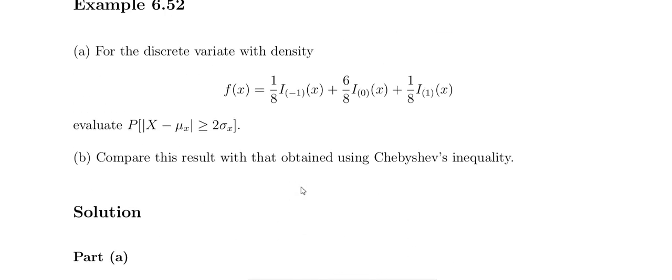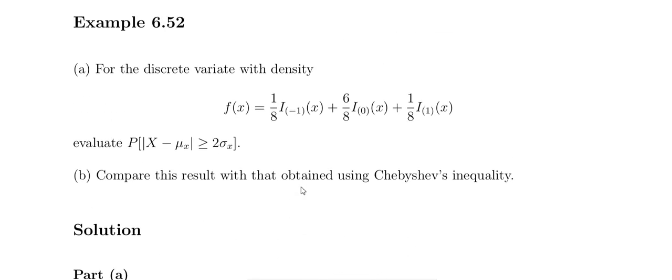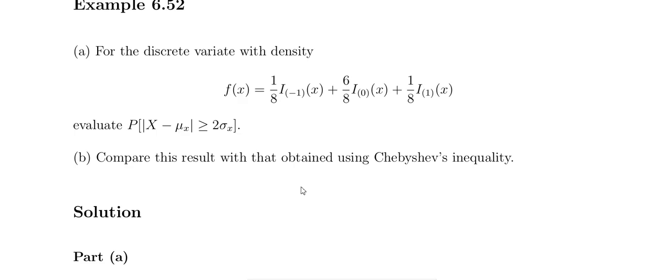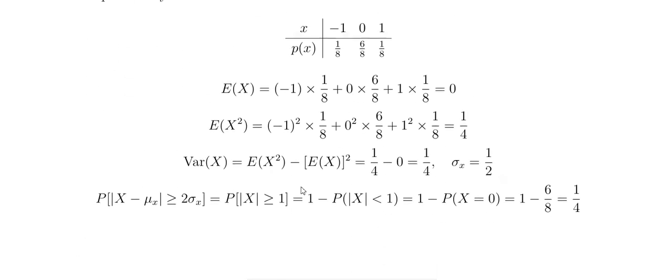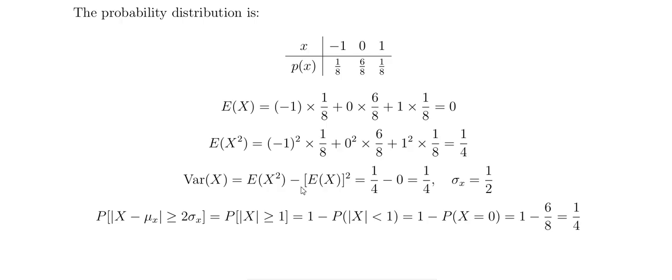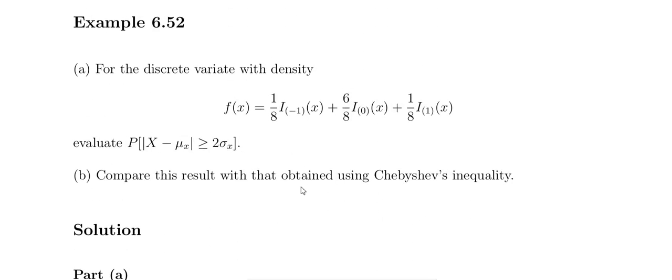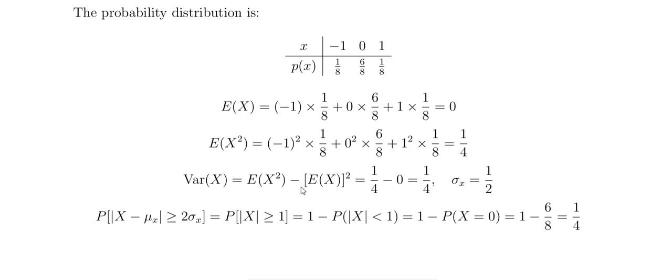Since it is discrete, for minus 1, 0 and plus 1, the corresponding probabilities are 1 by 8, 6 by 8 and 1 by 8. So that is the probability distribution function: minus 1 has 1 by 8, 0 has 6 by 8, and 1 has 1 by 8.